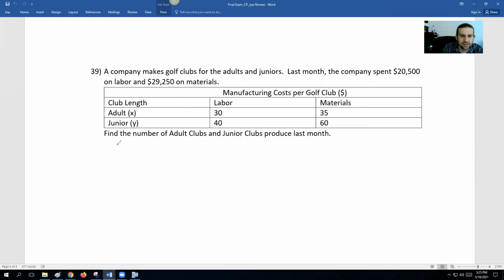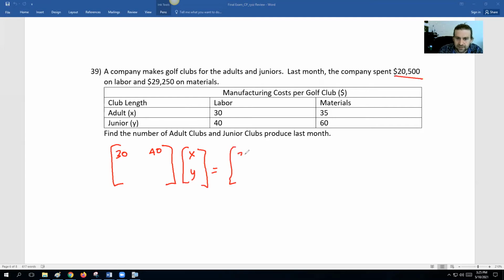So if we wanted to go through and set this up, we can say that $30 and $40, times their x and y, would equal the labor costs, $20,500. And then the 35 for the materials for the adults and 60 for the materials for the juniors, times x and y, will equal $29,250.